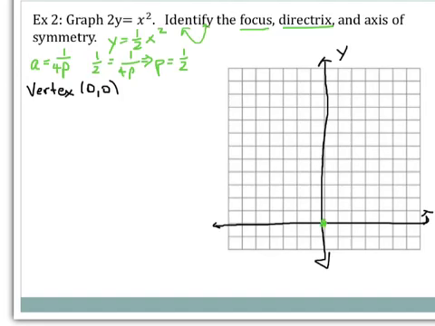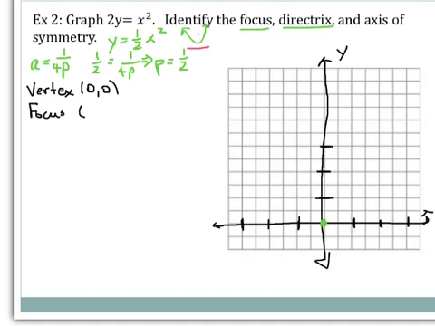Now, my focus, remember, is going to be in the cup. Directrix is going to be down there. So let's move up 1/2, and I'm going to make each block equal to 1/2. So I'm going to put these lines here so that I don't forget. Okay, now let's identify our focus.